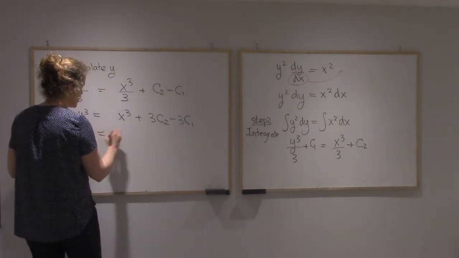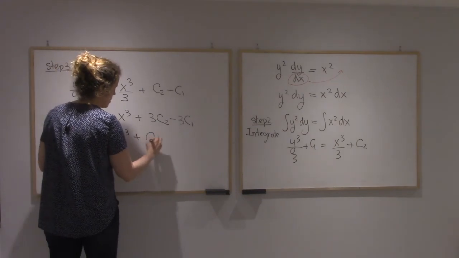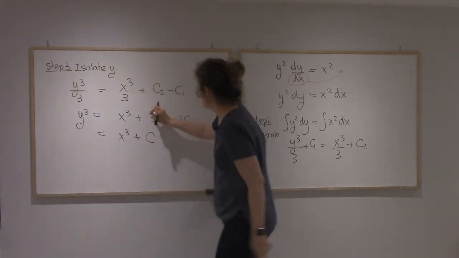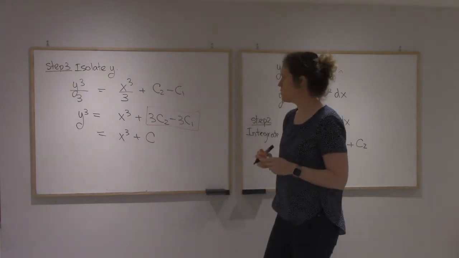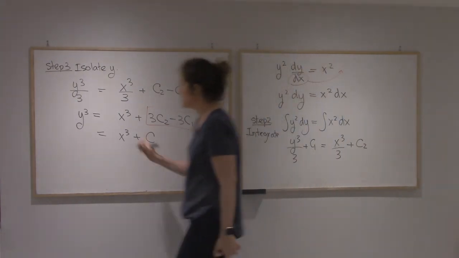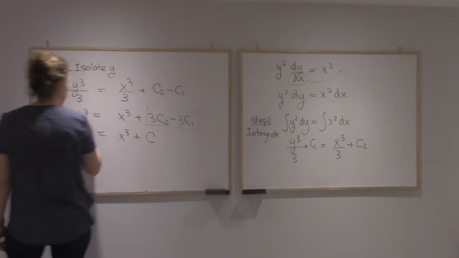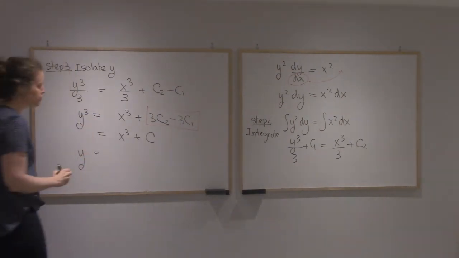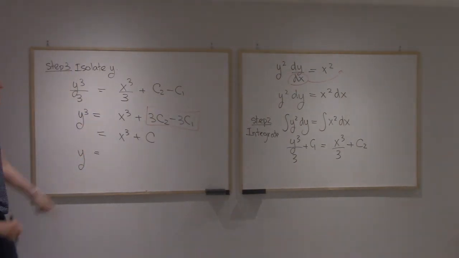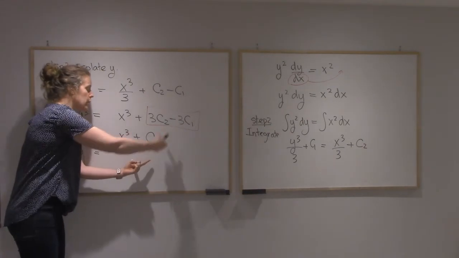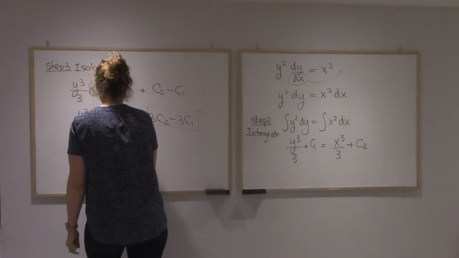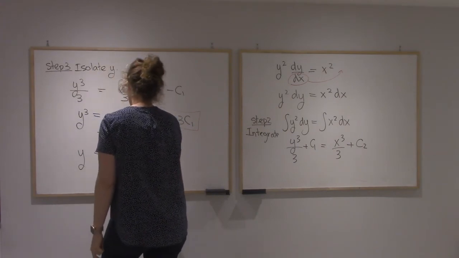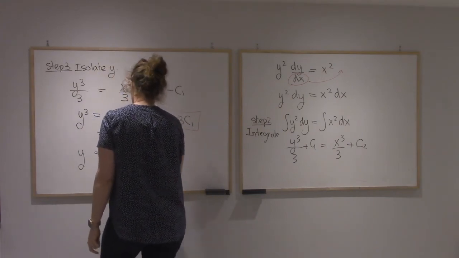So at this point, let me take all of this and call it c. So y cubed is equal to x cubed plus c. Now, to get rid of the cube, I'm going to take a cube root of both sides. But be careful, the cube root applies to this whole thing here. So I'm going to get the cube root of x cubed plus c.